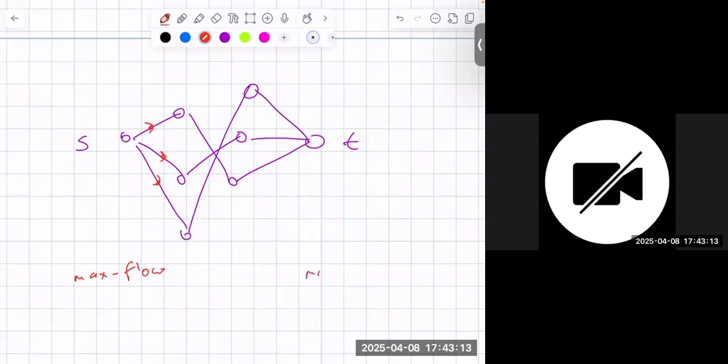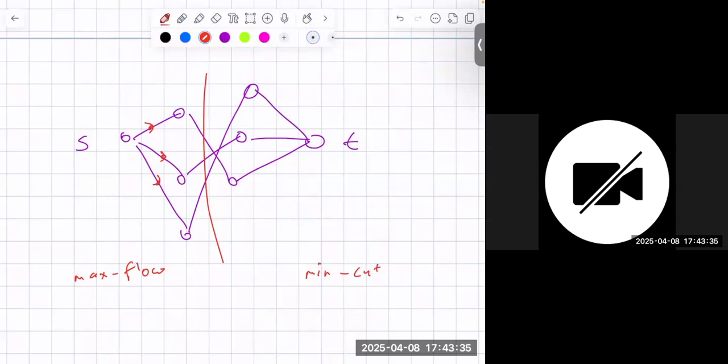And here's another problem that's called min cut. What does that mean? A cut is literally a cut. Let's say I'm cutting through here. Then I look at which edges I cut through, and I sum up the weights of those edges. I try to minimize the sum of the capacities of those pipes.